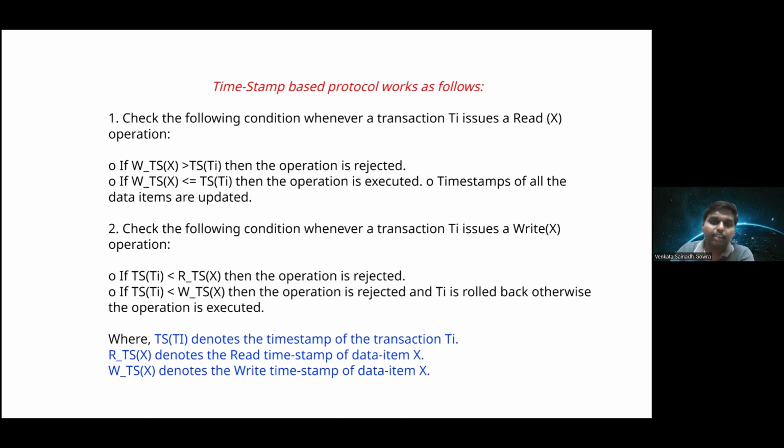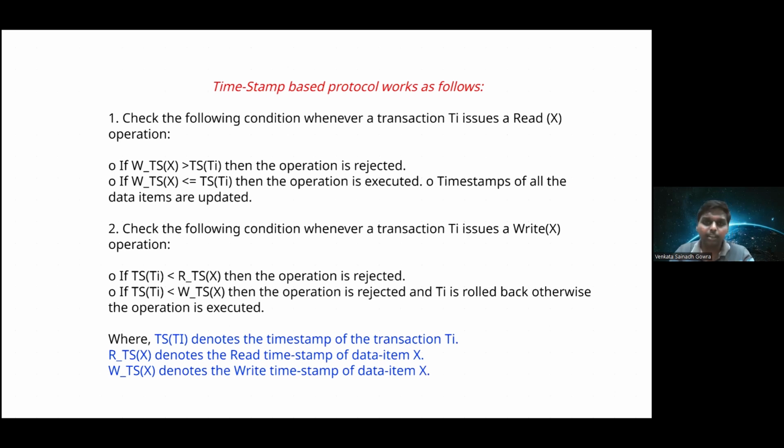Second, it checks the following condition whenever a transaction TI issues a write operation. Before, you checked the read operation; now we are going for the write operation. Here in the sequence, first the read timestamp is compared with the timestamp TS of the transaction, and if it is greater, the operation is rejected.